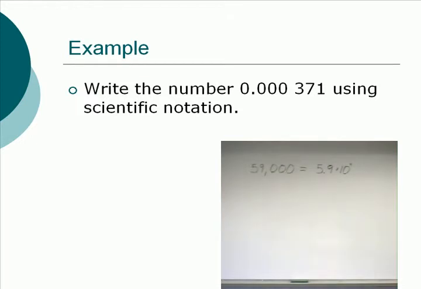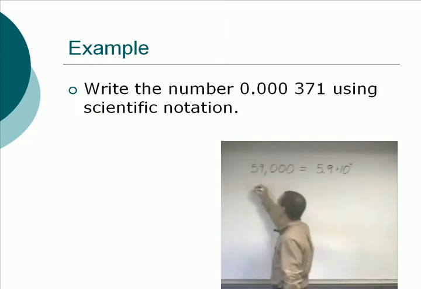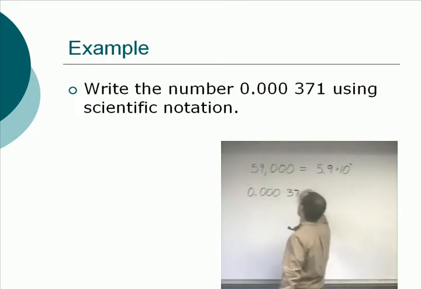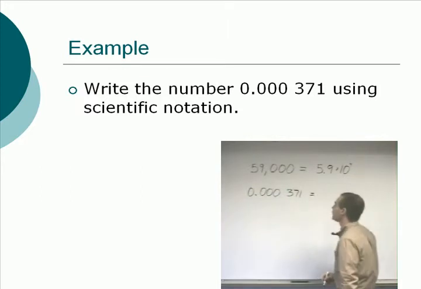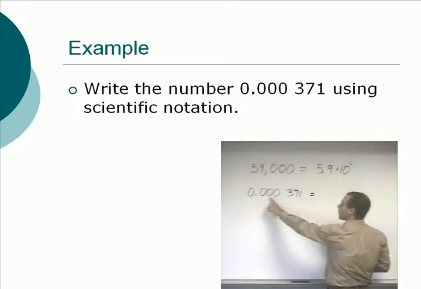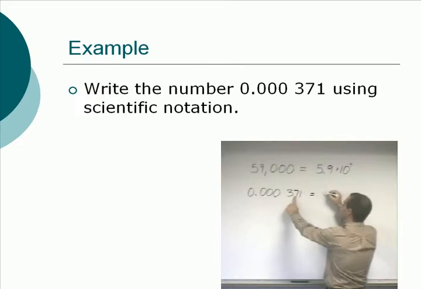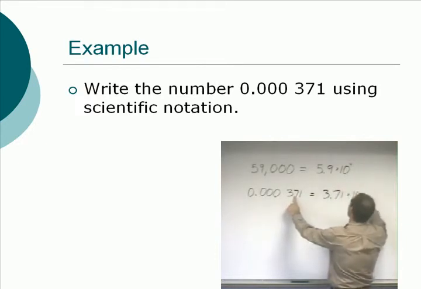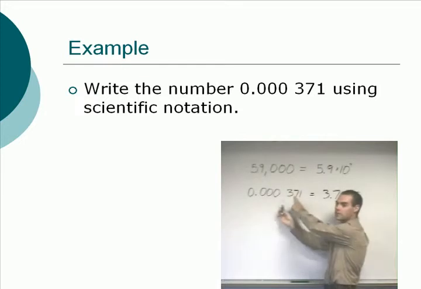0.000371 using scientific notation. First of all, we're going to move that decimal place over until our coefficient is between 1 and 10, and that turns out to be 3.71 times 10 to the... Now, are we actually multiplying this number by 10 to move the decimal point over?